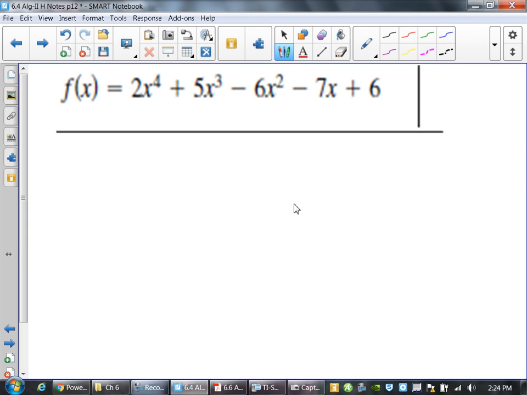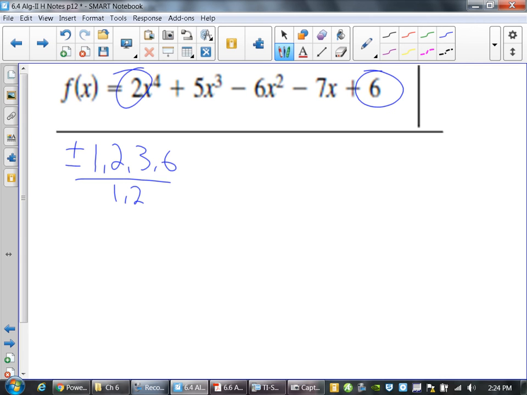What are your factors of 6? 1, 2, 3, 6. Okay. Plus or minus, right? What are your factors of 2? 1, plus or minus 1. So what happens here is you get this test that gives you possible zeros.